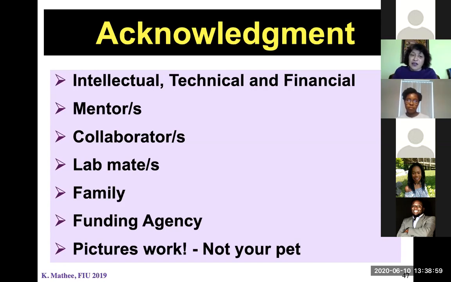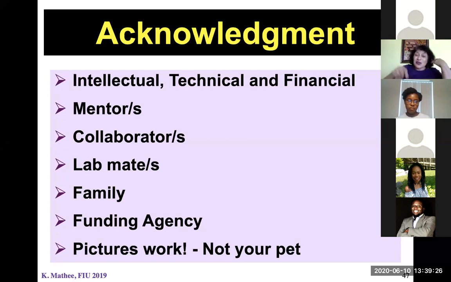Starting from day 1, write down. I would always tell my students, your first page is a list of collaborators. Start with my name, right? I'm your collaborator on this project. And then each time somebody gave you input, you write it down: Sabrina provided input on this experiment, right?